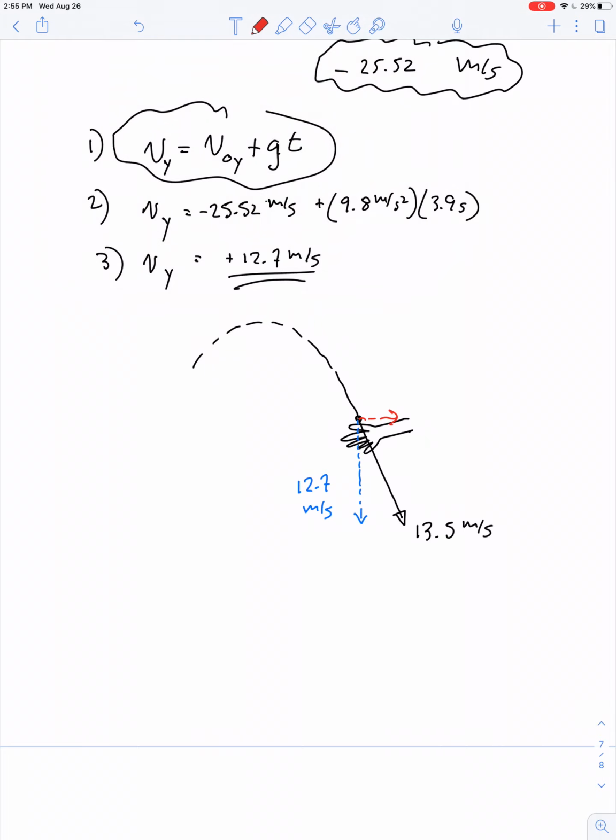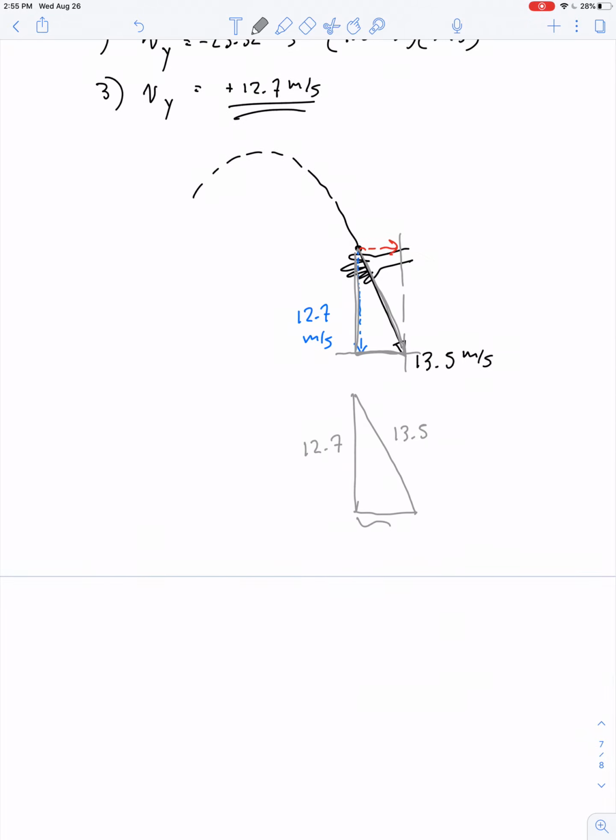Okay, but we form a parallelogram out of these velocity components, and we see we're really just looking at a right triangle. A right triangle in which we know two of the sides. We know the hypotenuse is 13.5, and one of these sides has a value of 12.7. So to figure out the missing side, which would represent Vx, we just use the Pythagorean theorem.